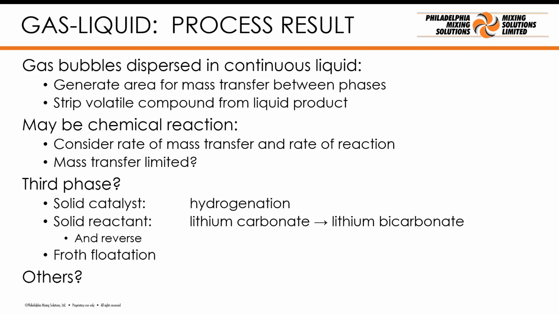Froth flotation, it's on my list. Do we have a solid catalyst for hydrogenation? Do we have a solid reactant? If we're purifying lithium carbonate, we bubble carbon dioxide in to make soluble bicarbonate, do solvent ion exchange, and then we heat that solution to bubble off the carbon dioxide and produce a pure lithium carbonate crystal.